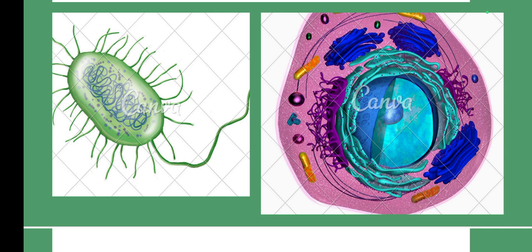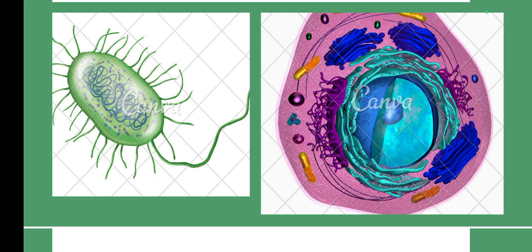In eukaryotes, the size is 1 to 100 micrometers, whereas in prokaryotes it is 1 to 10 micrometers. In eukaryotic cells, chromosomes are more than one, whereas prokaryotes have a single chromosome. In prokaryotes, membrane-bound organelles are absent.